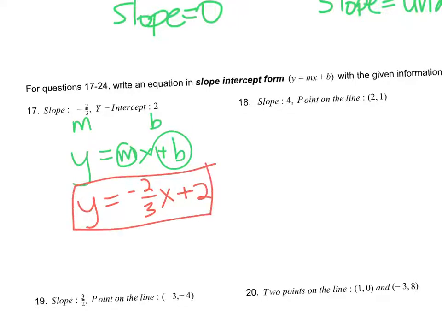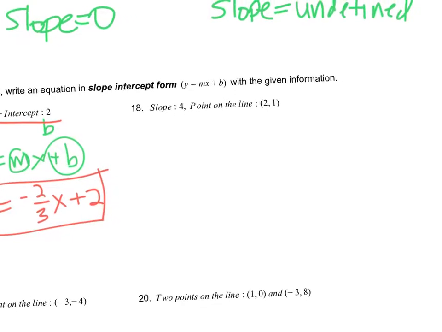Done. That's my slope-intercept form. It gets tricky when we're not given something super nice like the y-intercept is 2. Instead, we're given just the slope, like for number 18, and a point on the line.